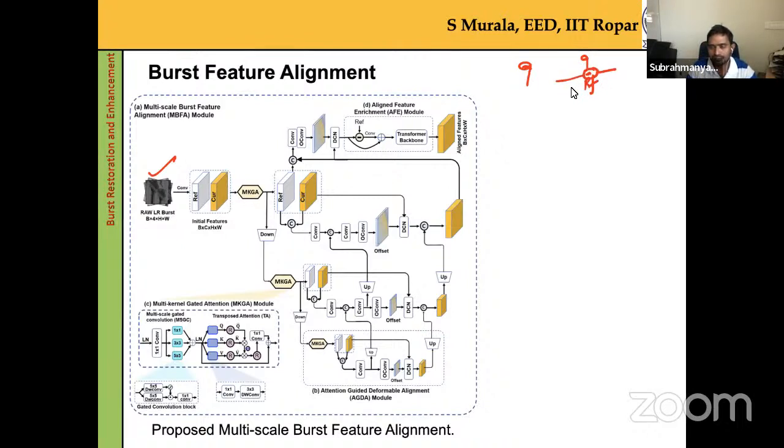And technically, from the reference frame, I am collecting 4 frames on the left side and 4 frames on the right side. But the reference frame is not at t equal to 0. Ideally, this is not a causal system, because at t equal to 0, how can I collect the future 3 frames?